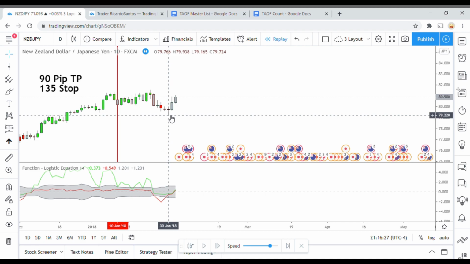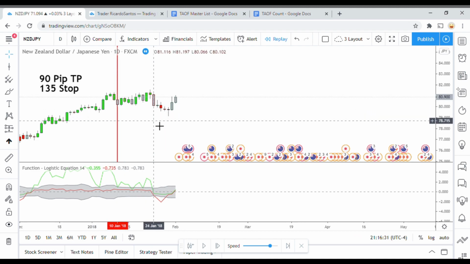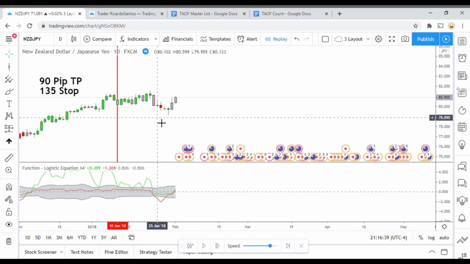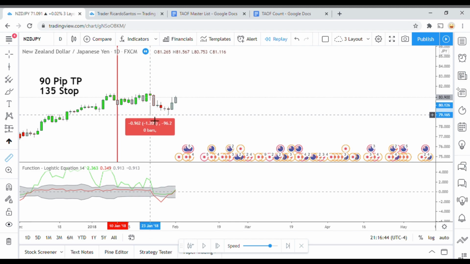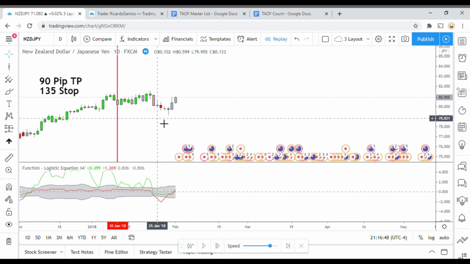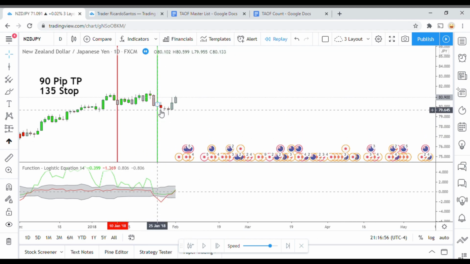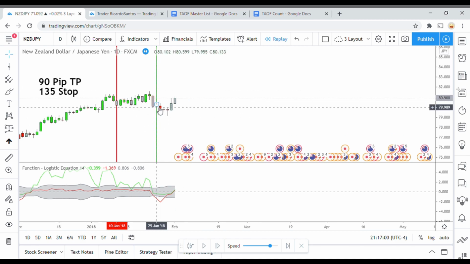Now you see price action came down, started to attempt to make a downtrend here, stopped us out of that long, threw a short signal here on this one. It barely closed in on our 90 pip take profit, and so we would have gotten ourselves a good signal there.